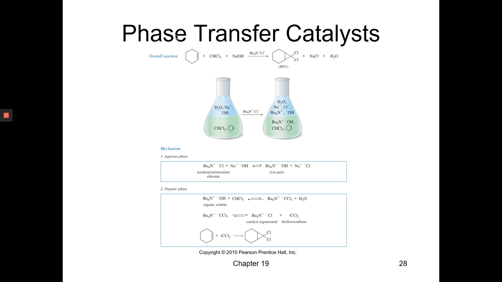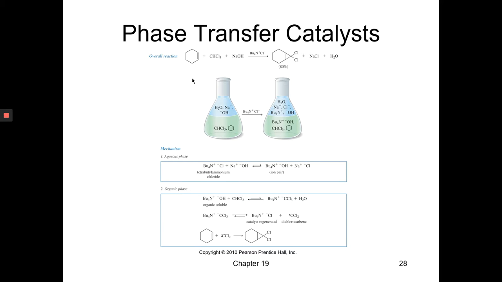The carbene accepts a pair of electrons and it donates a pair of electrons to form this cyclopropane ring. The problem here is that chloroform and cyclohexene are not soluble in water.